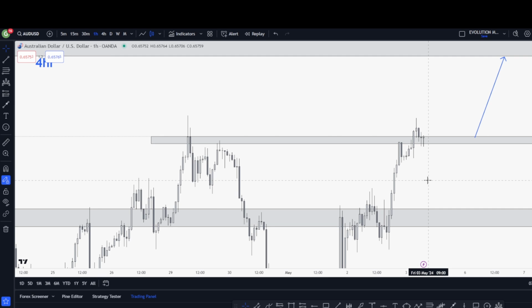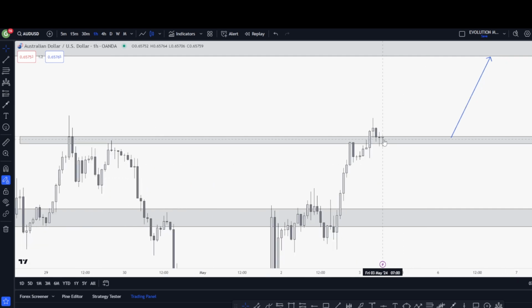And we can see that currently this candle that is just printing seems to be bouncing off this area of support that we have marked out from the 4-hour. So that could be a good indication for us to prepare ourselves for quick buys within this area.